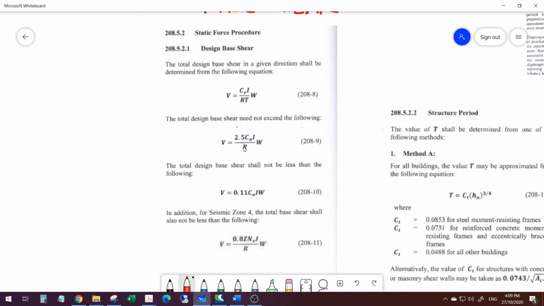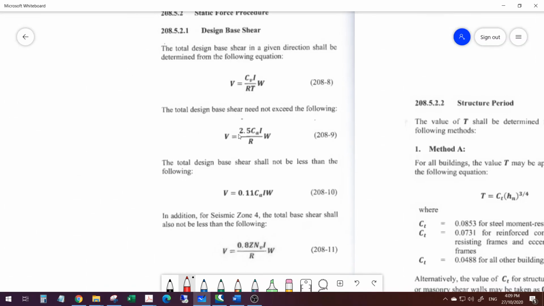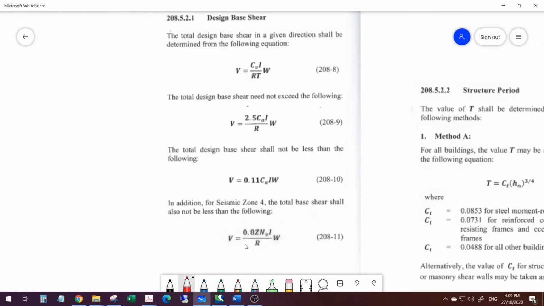Now, this is the V max. Okay, so this should not exceed this. And this is the V minimum, and these two, we already have problems showing these two formulas. But which will govern among these four formulas?